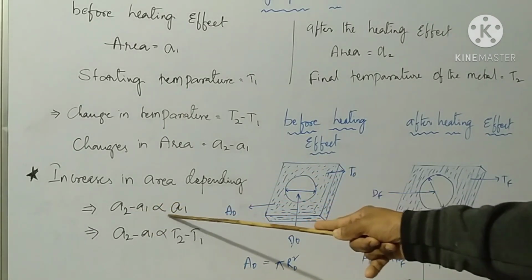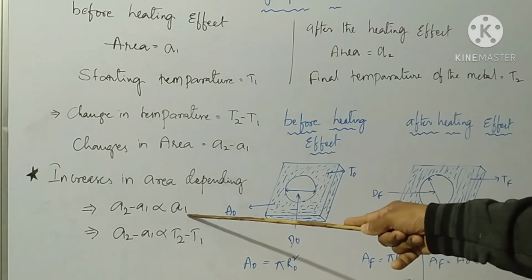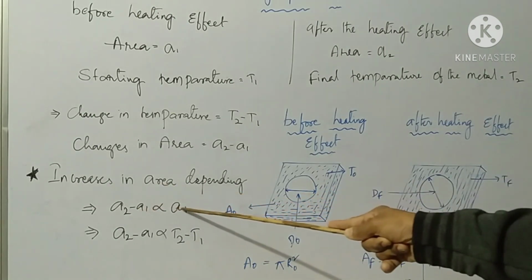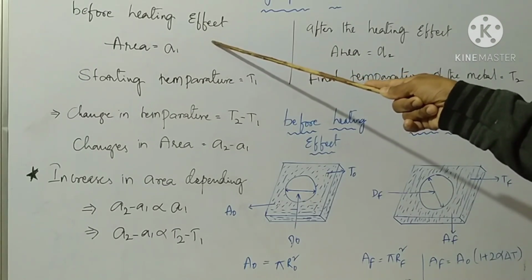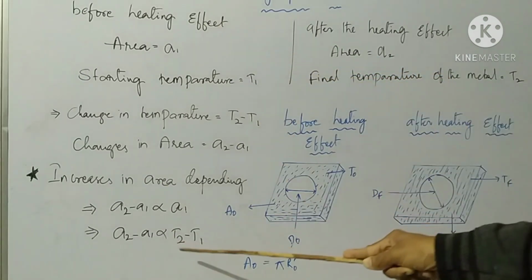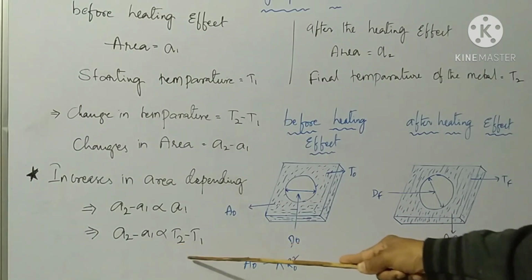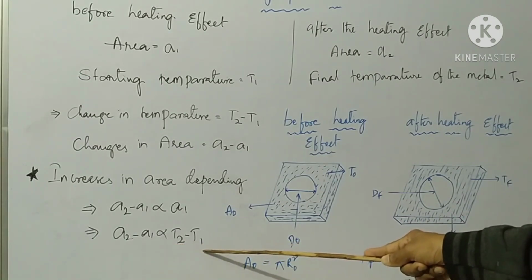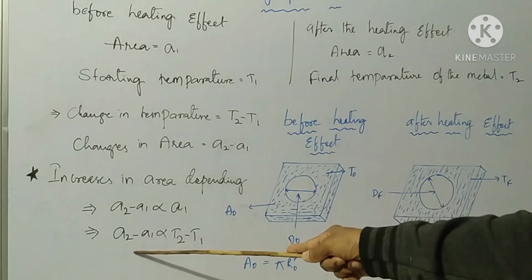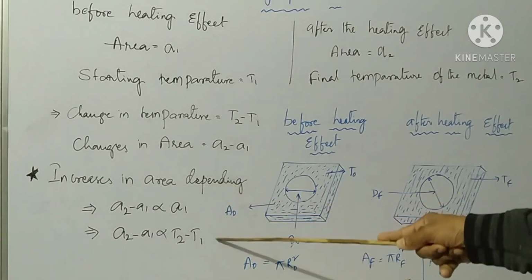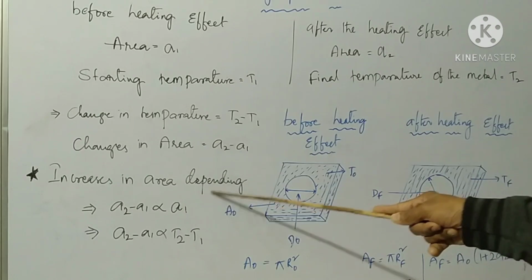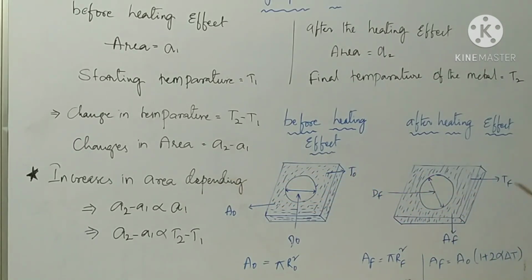A2 minus A1 is directly proportional to A1, meaning the change in area is directly proportional to the starting area of the metal sheet. Next, A2 minus A1 is directly proportional to T2 minus T1, meaning the change in area is directly proportional to the change in temperature. These are the two main points we observed in this experiment.